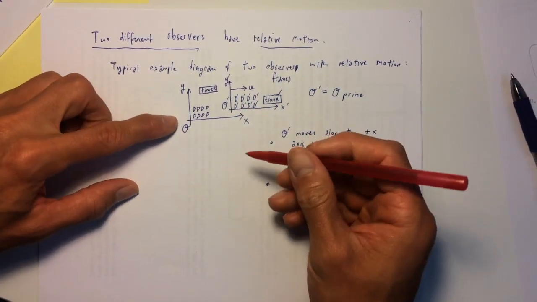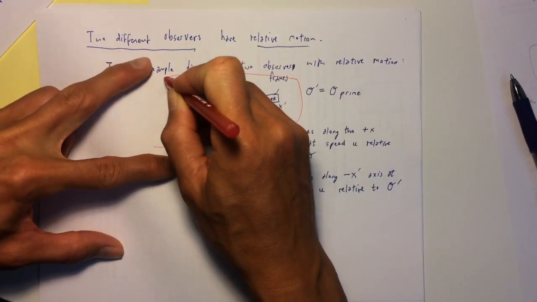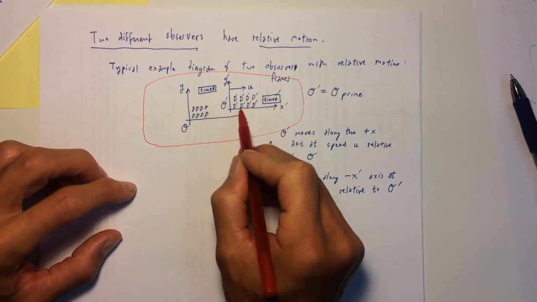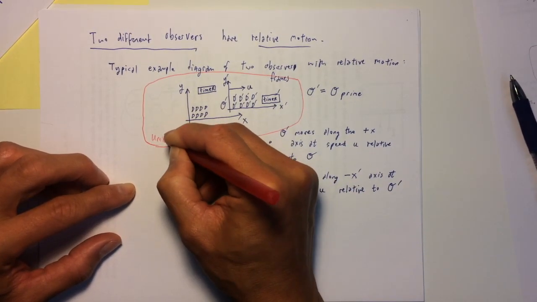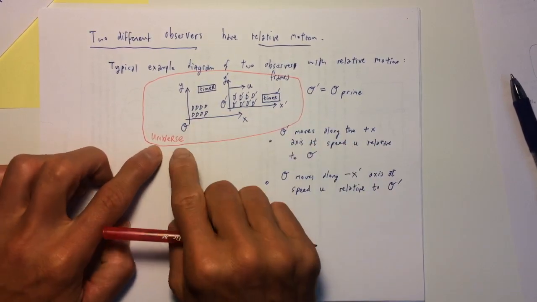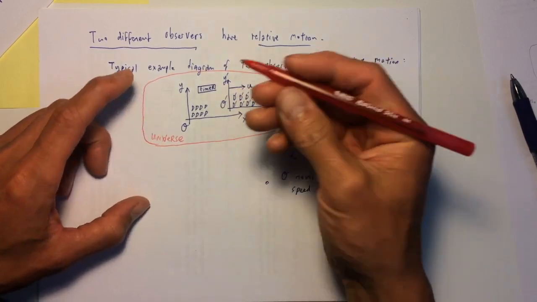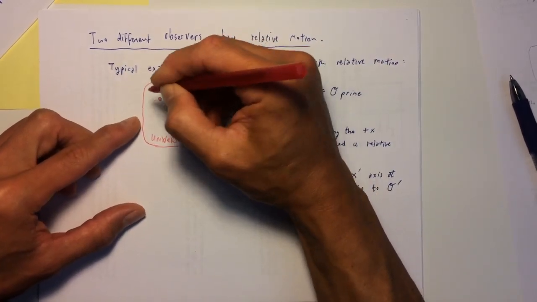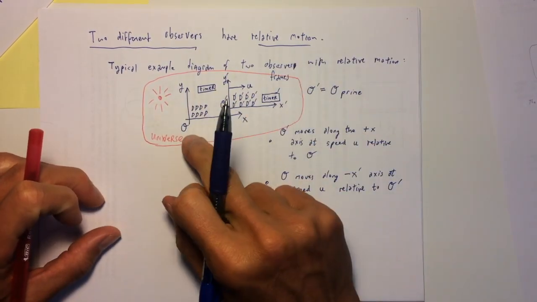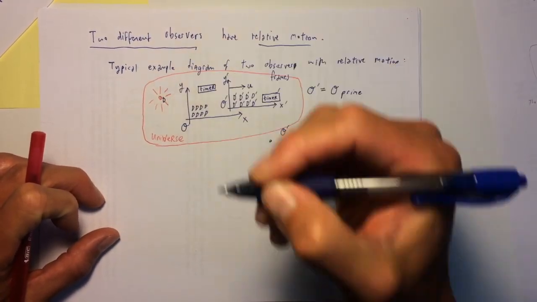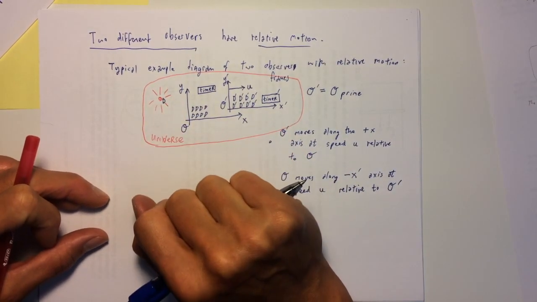What's more is these observer frames are recording events that happen in the same universe. So in the same universe, if a firework goes off, here is a firework or an event, observer O has a detector that can record the time and the location of that event.